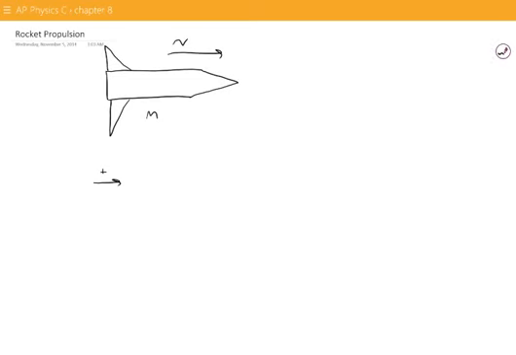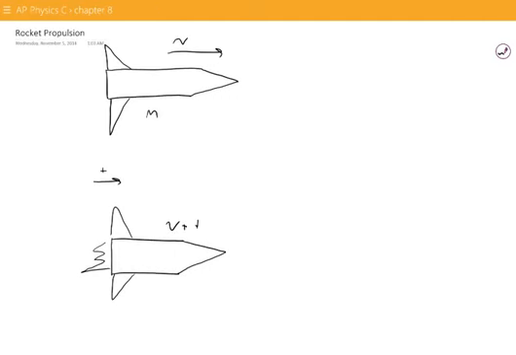So at some point later, the rocket is expelling its exhaust. And so the rocket, when it expels its exhaust, is going to have the velocity that it had before plus some change in velocity, v plus dv. That's still pointed in the forward direction.